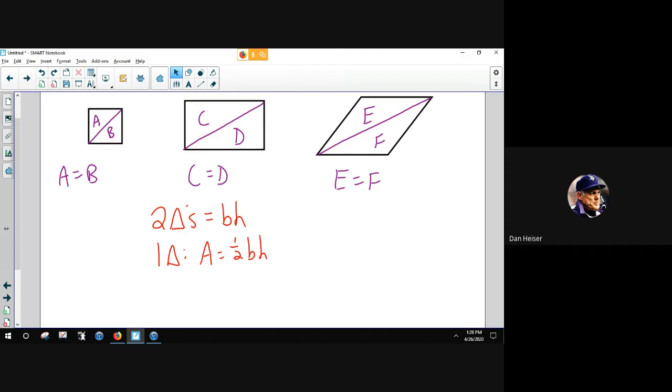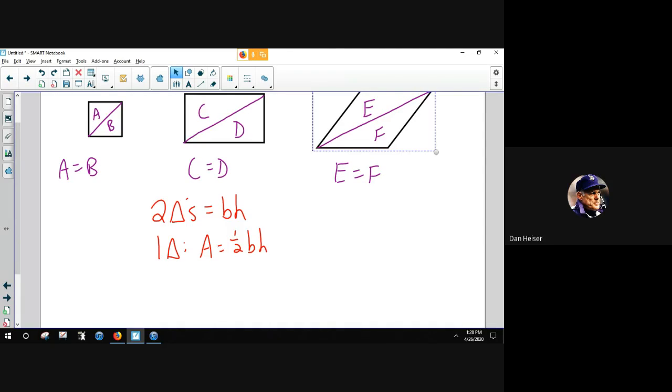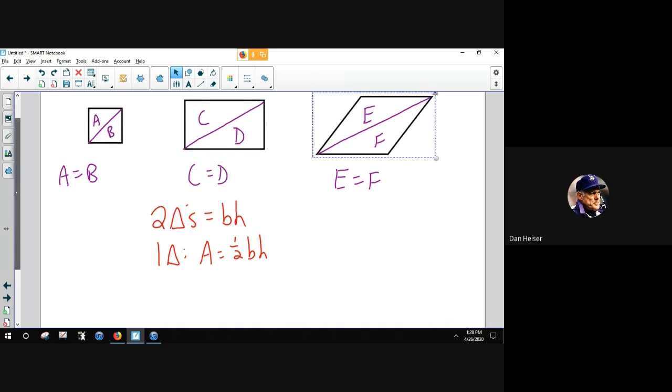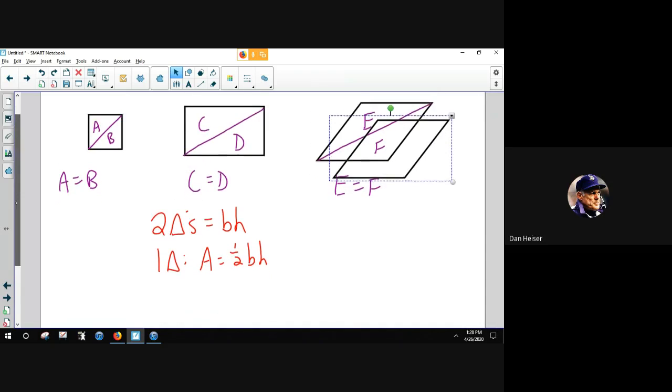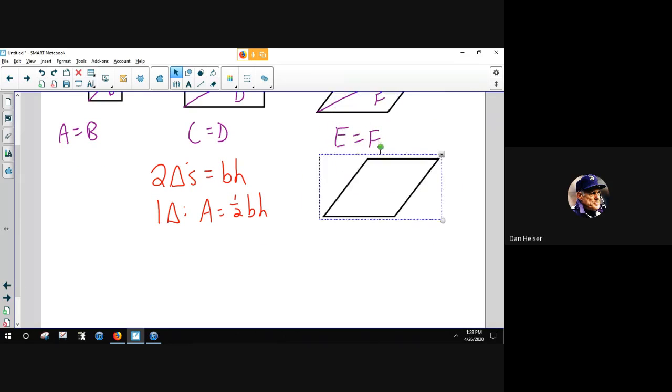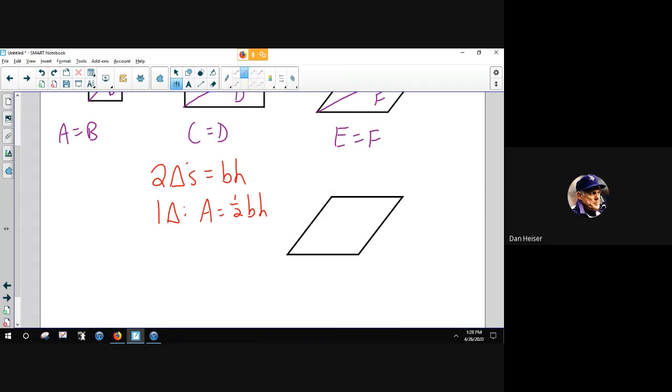To illustrate that, I'm going to make a copy of this parallelogram here. And then I will bring it down for a closer inspection. We'll say this is the base. Here's the height.